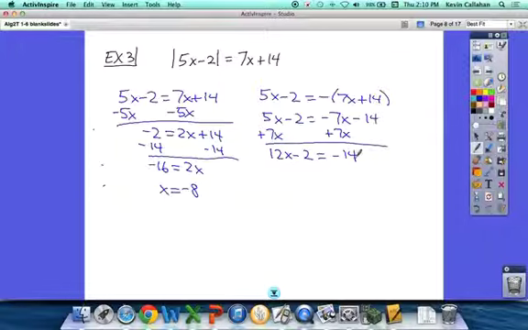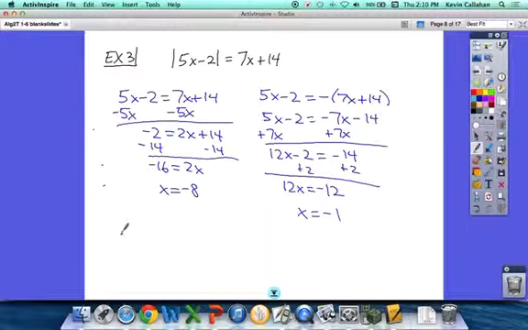Add 2. 12x equals negative 12. Divide by 12. X equals negative 1. Okay. So we got our two answers, which is what we expected.